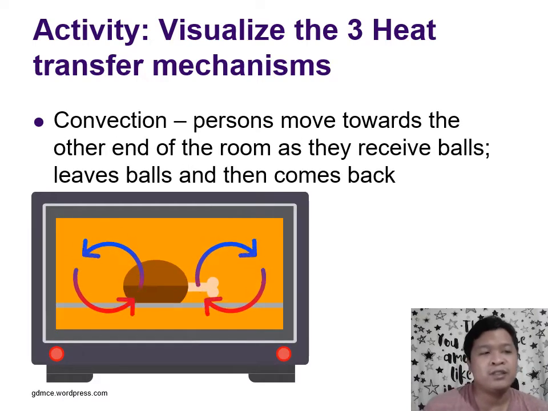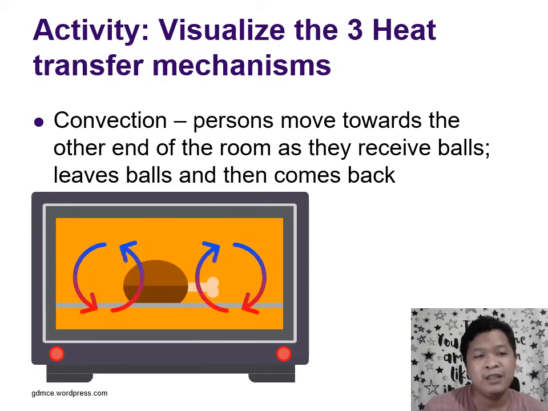So in convection, we know that the molecules move around the water, no, and not just the heat. And as one molecule receives heat, we know that warm fluid rises, whether it be air or water. Pag uminit yung molecule na yun, naiaangat siya. However, it dissipates that heat as it goes up.